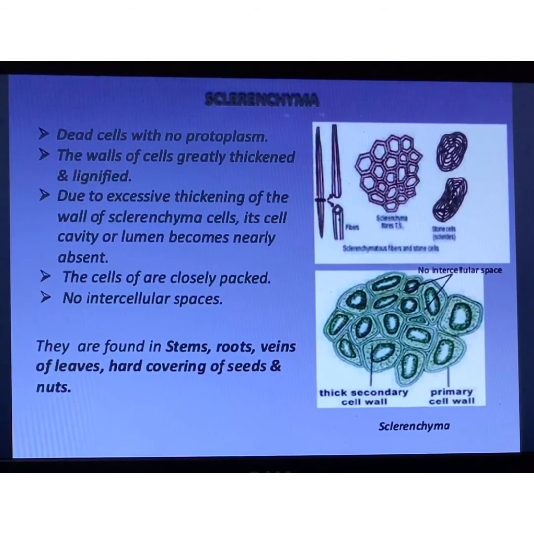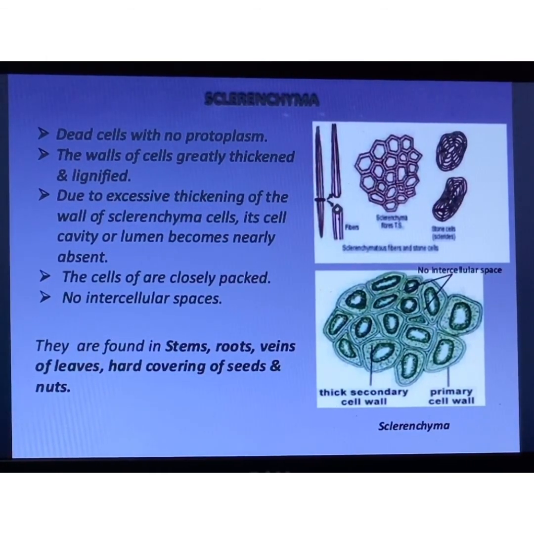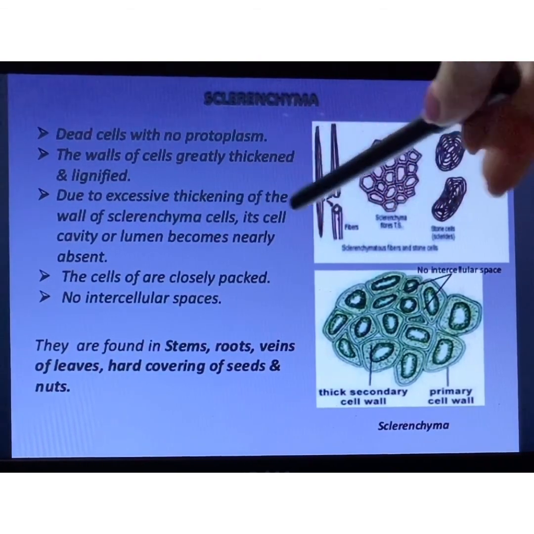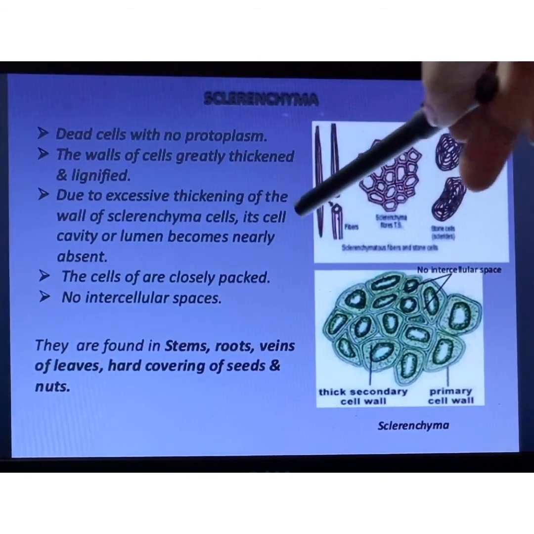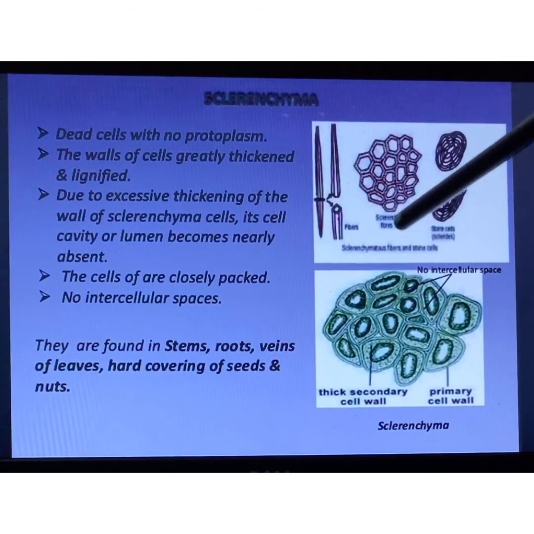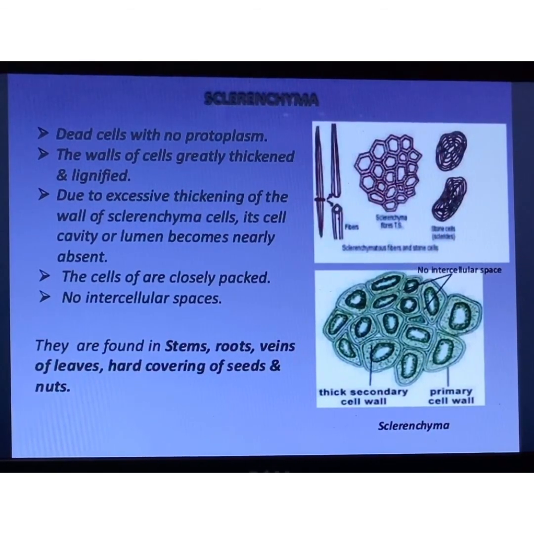So they provide mechanical strength and support to the plant body. These are found in roots, veins of leaves, and the hard covering of seeds and nuts. Here you can see, due to excessive thickening of the wall of sclerenchyma cells, its cell cavity or lumen, which is nothing but a cavity, a hole, becomes nearly absent.